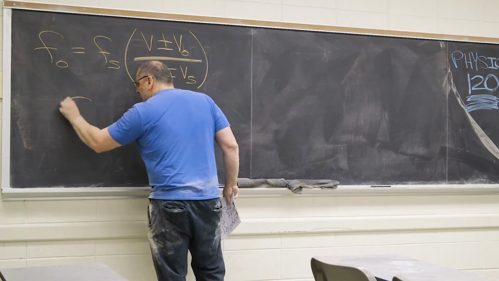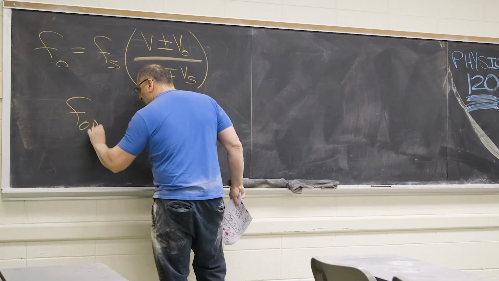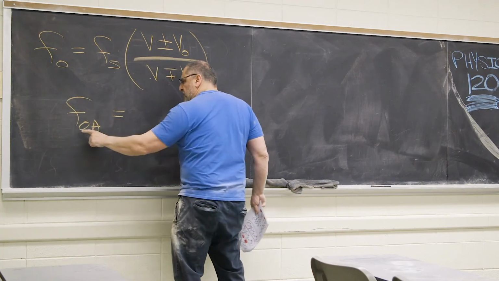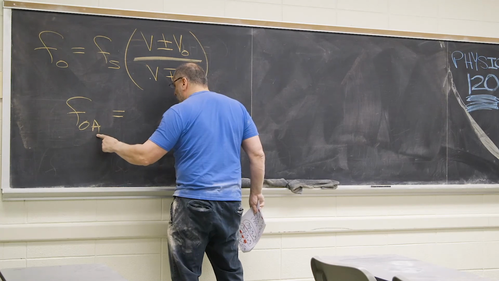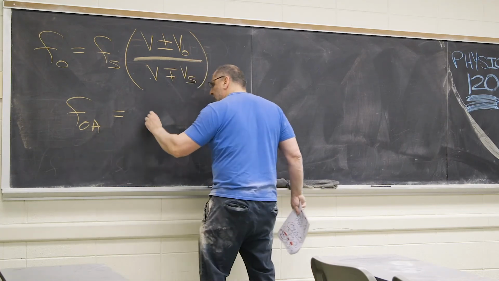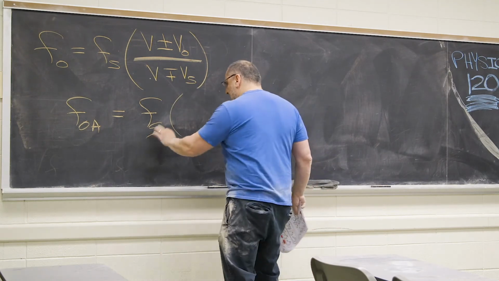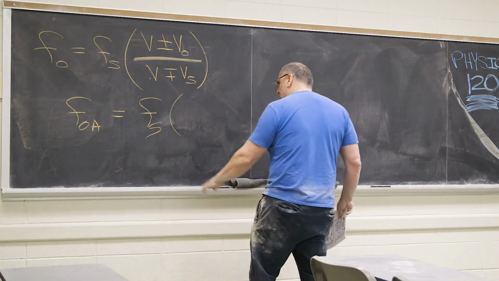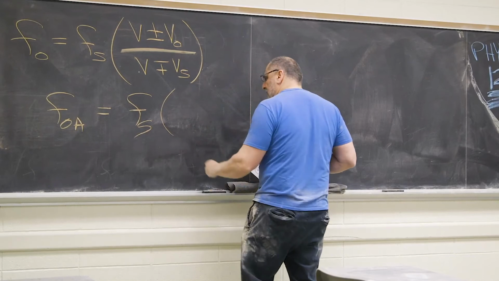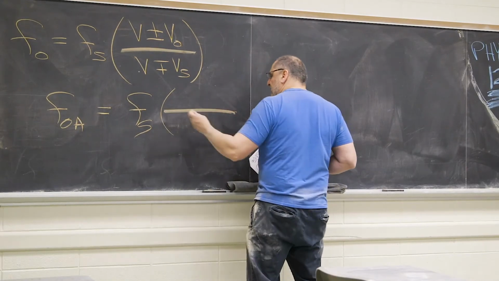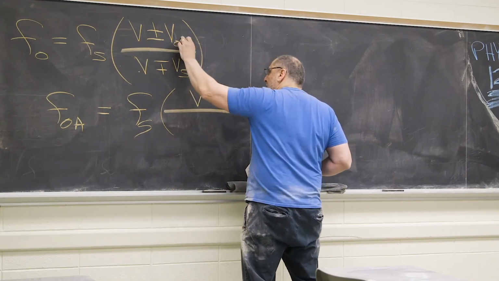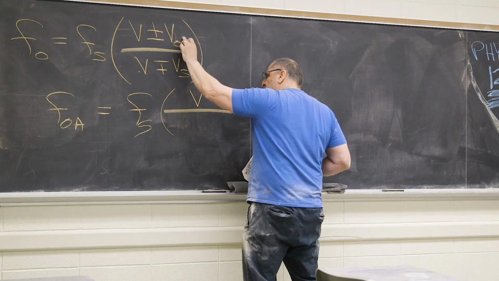Let's say the guy observes something when there's an approach. The observed frequency regarding the approach of the train is the following. It's the frequency of the train whistle when it's not moving, and I'm not moving. Let's say I'm the observer. I'm 0, I'm not moving anywhere.